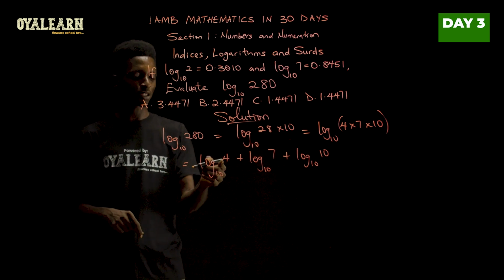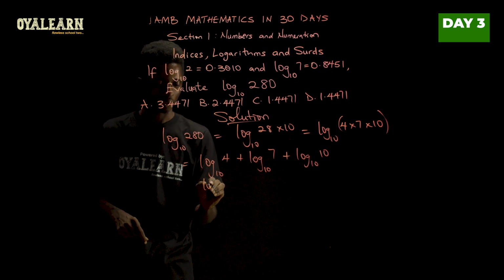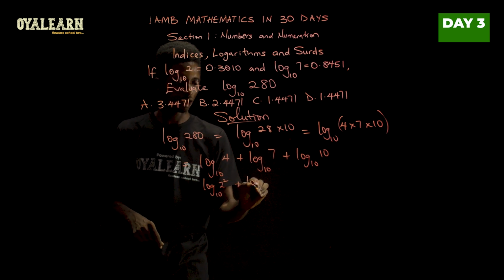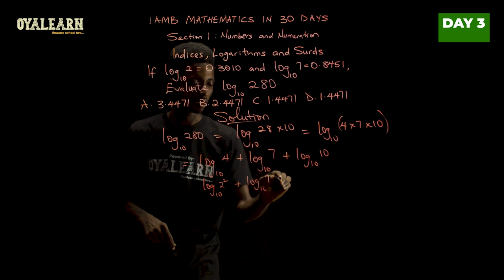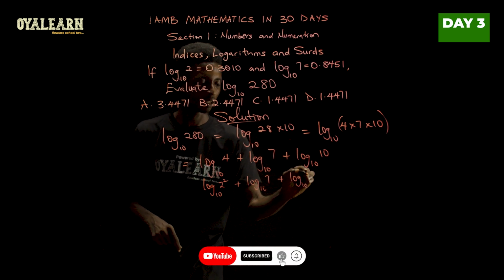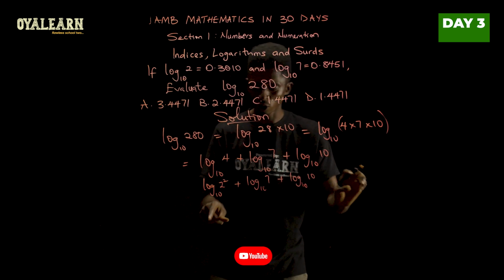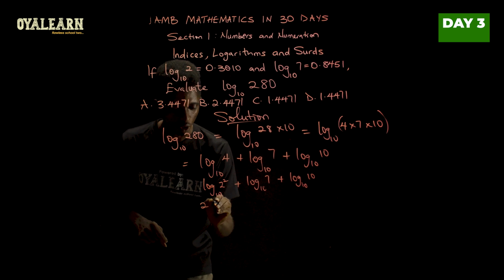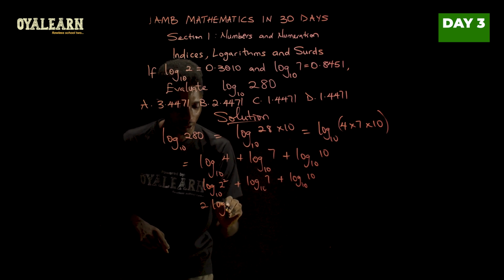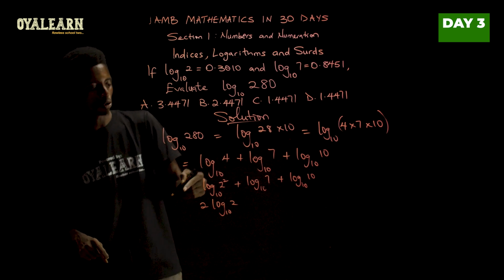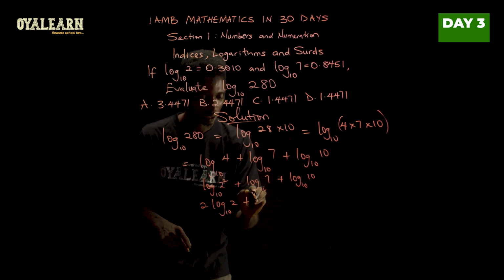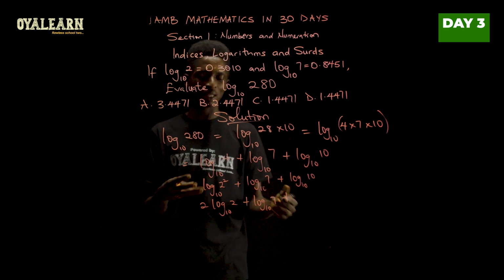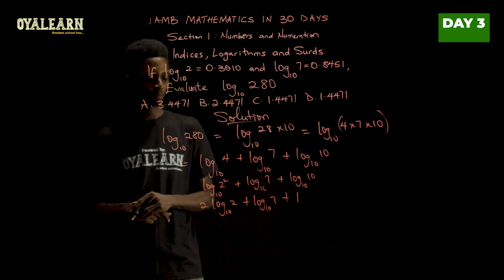Now, 4 can be written as 2 squared. So we would have log base 10 of 2 squared plus log base 10 of 7 plus log base 10 of 10. Now let's apply the law of logarithm to simplify this further. This would imply that we would have 2 log base 10 of 2, since the power has to go to the left, plus log base 10 of 7 plus, now log 10 base 10 is 1.